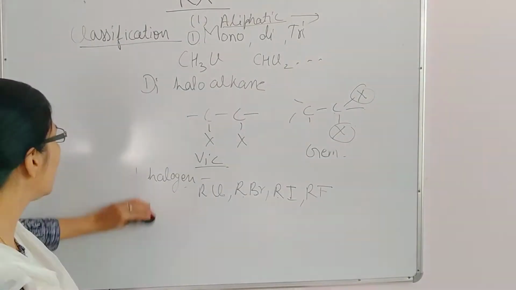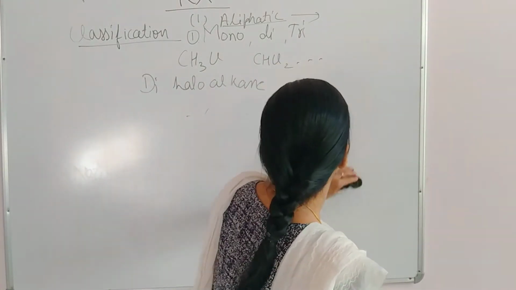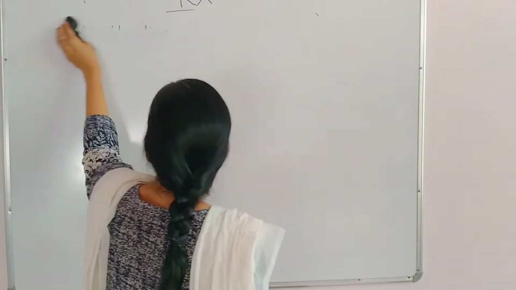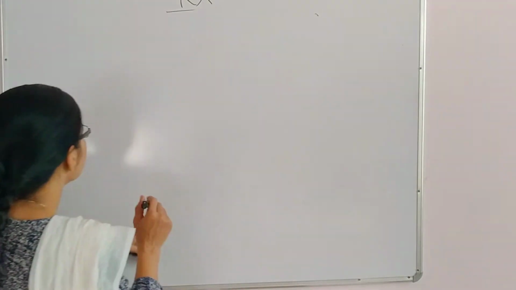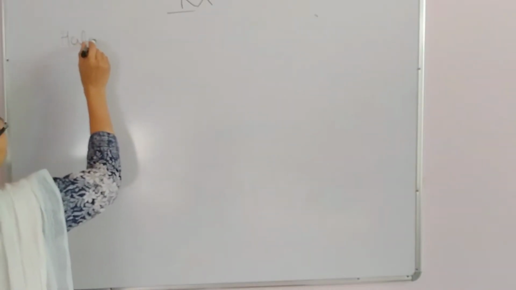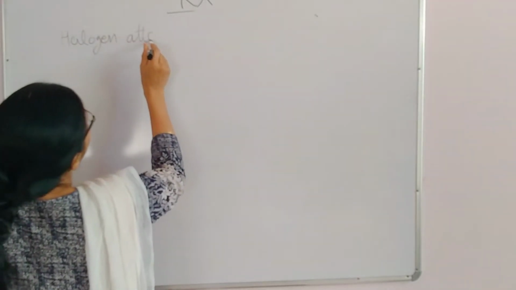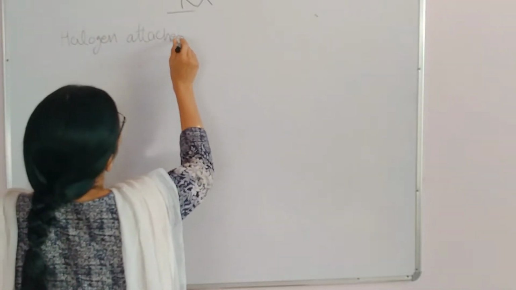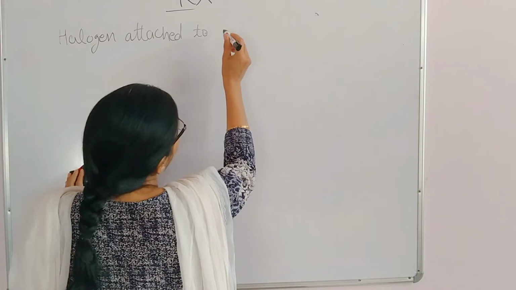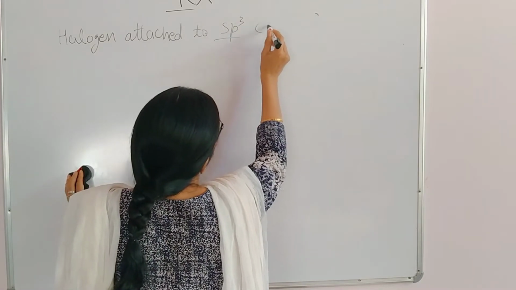Now depends on the nature of carbon from which halogen is attached. We will do this. This detail is very important. Halogen attached to sp3 hybridized carbon atom.